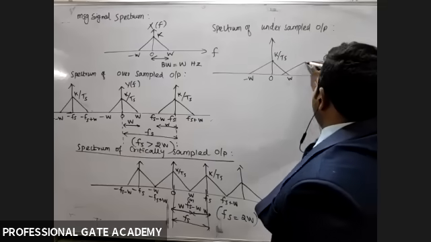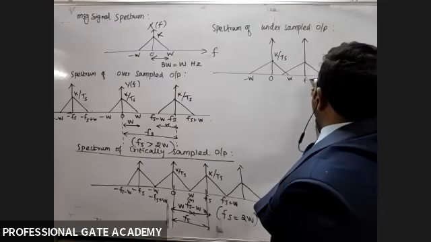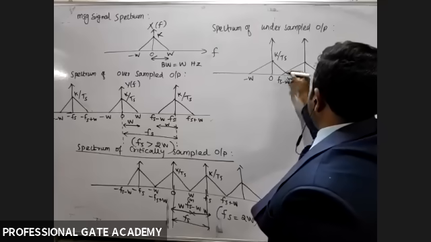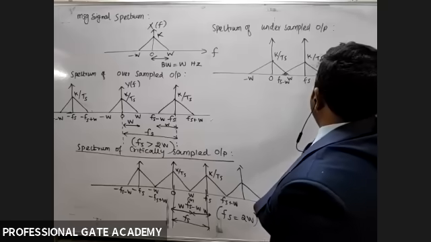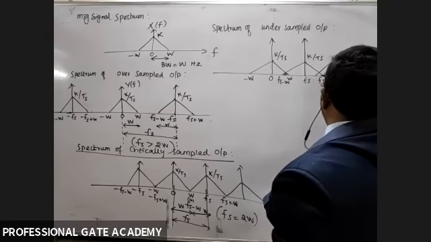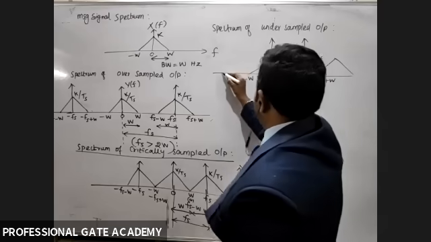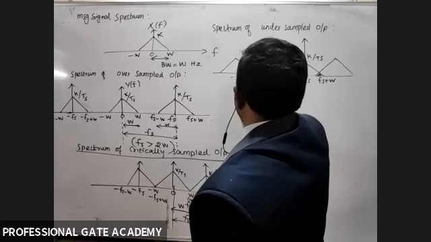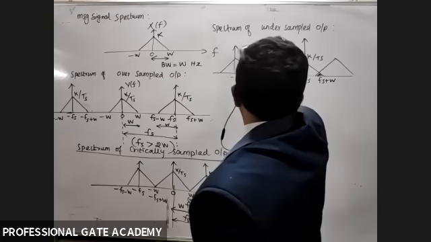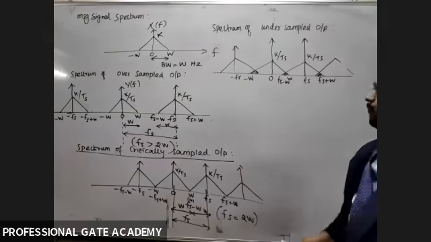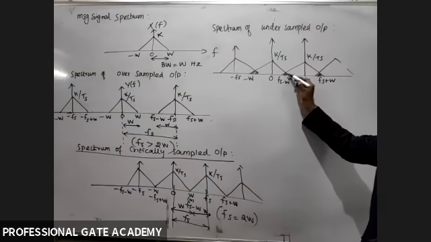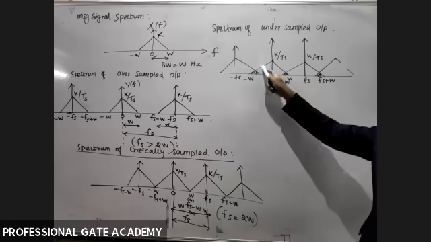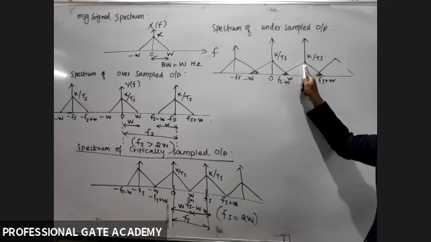The next is overlapping, this is Fs, this is Fs plus W, then this is Fs minus W. So here K by Ts. So this is also overlapping. This is minus Fs. So here adjacent spectral components are overlapping each other.